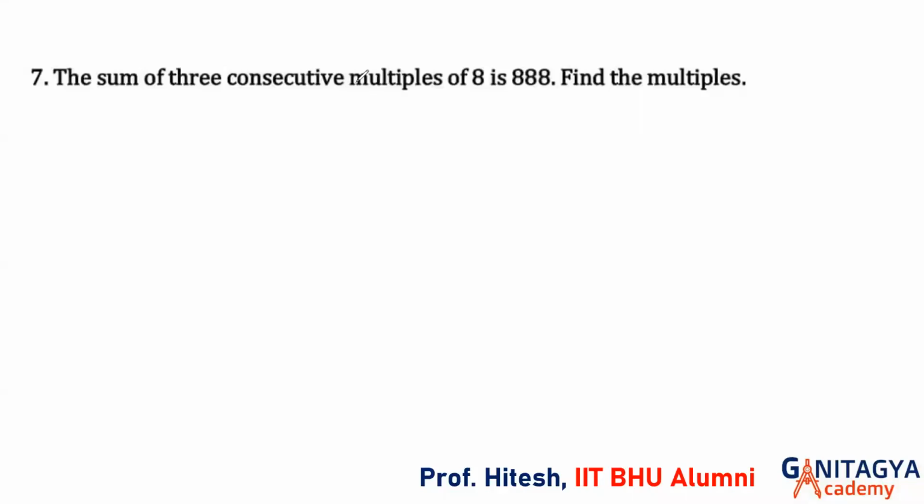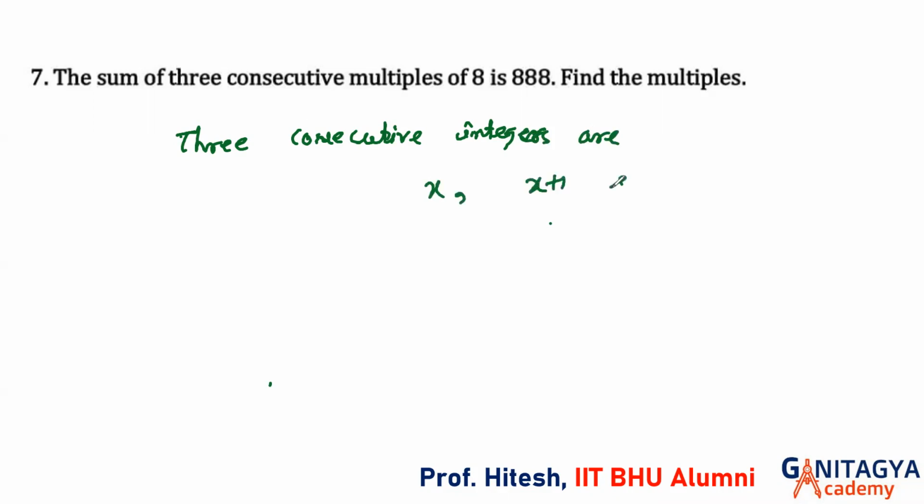In the last question, the 3 consecutive integers we have seen were x, x plus 1 and x plus 2. Now these are multiples of 8, so I must write 8x and then 8x plus 8 and then 8x plus 16, isn't it?